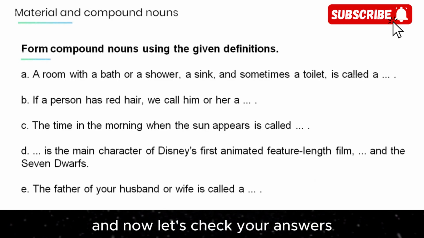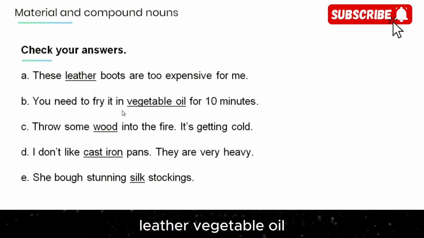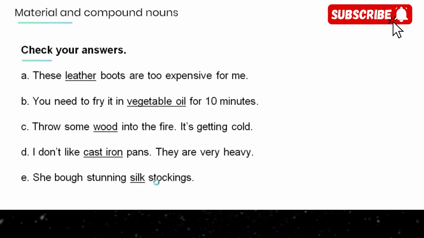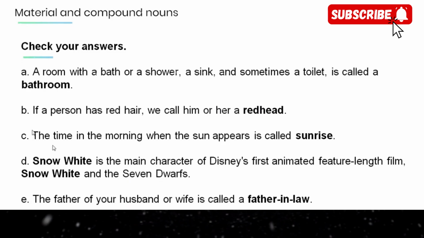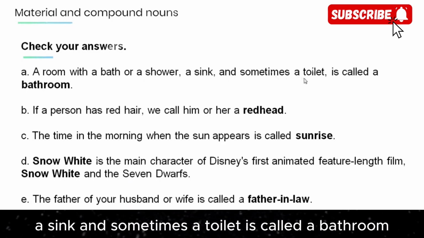And now, let's check your answers. Leather, vegetable oil, wood, cast iron, silk. A room with a bath or a shower, a sink, and sometimes a toilet is called a bathroom.